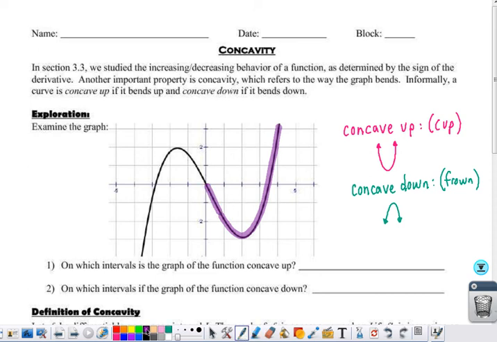So what we would say is that this graph is concave up on the open interval 0 to infinity. Then if we wanted to know where the graph was concave down, we want to try to look like it's a frown, and that looks like it's going from negative infinity to 0.